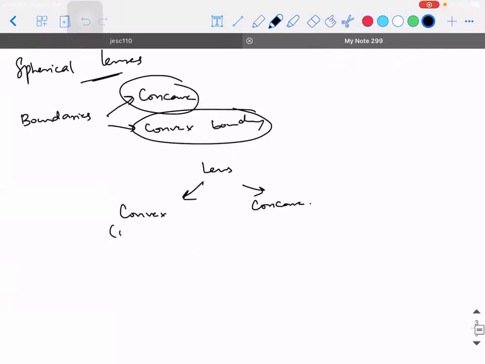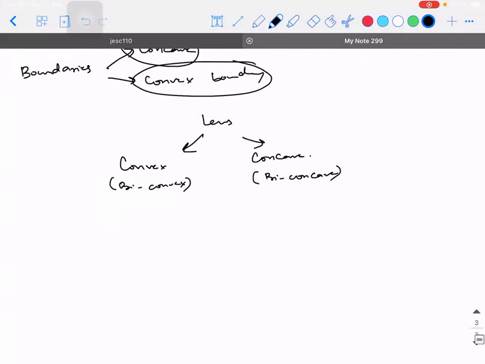This convex lens can also be called biconvex, and concave can also be called biconcave. Try to understand the difference. If I draw a lens like this, what is the name of this lens? Convex. How did you know that?